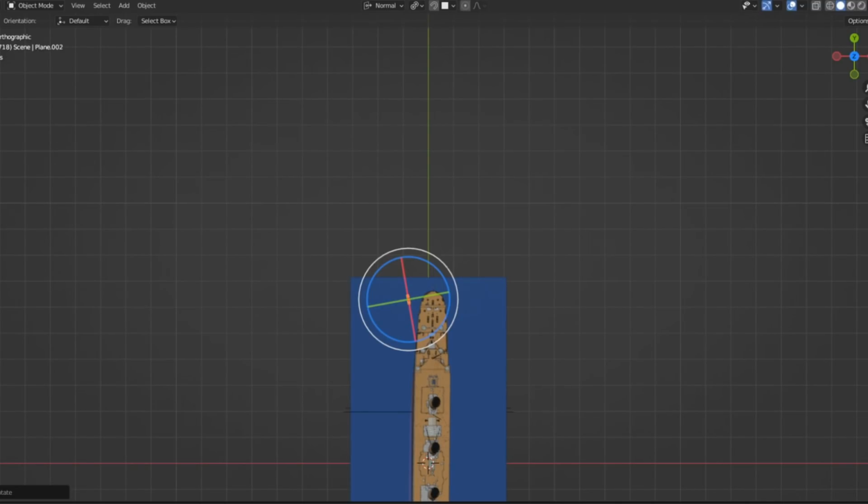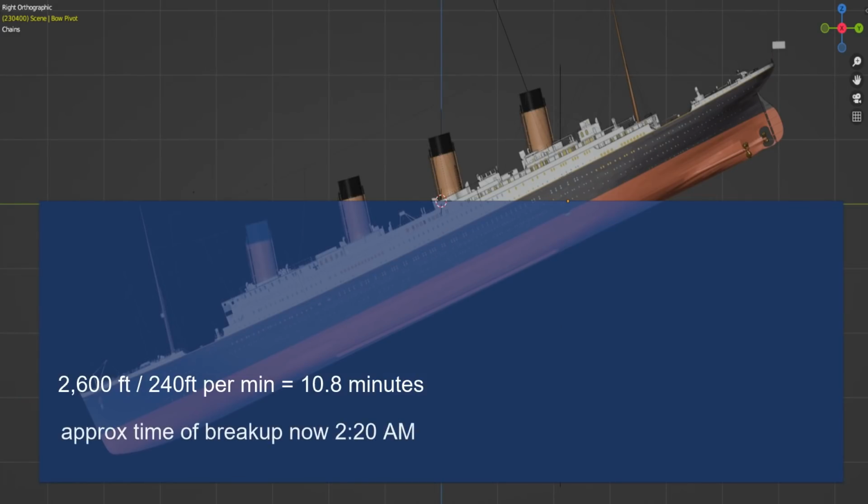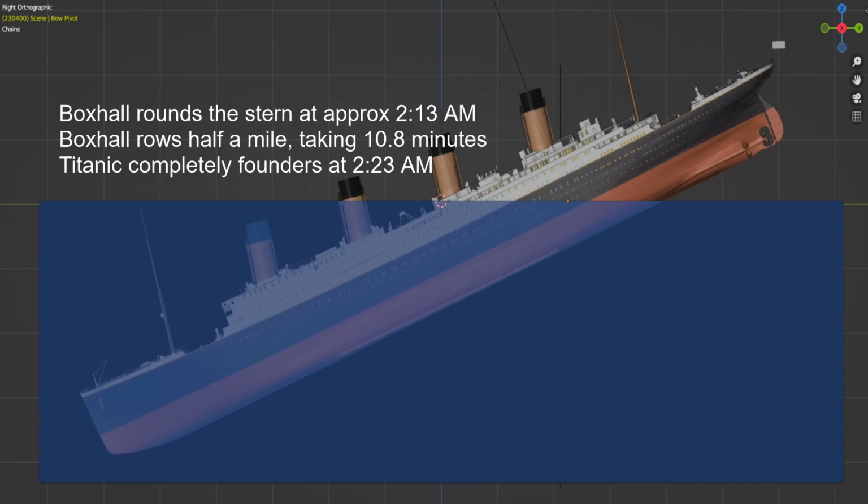With an approximate rowing speed of 240 feet per minute and a distance of 2,600 feet, we can use division to get roughly a time of 10.8 minutes, putting the time that Titanic sank fully, not broke, but fully sank at roughly 2:23 a.m.